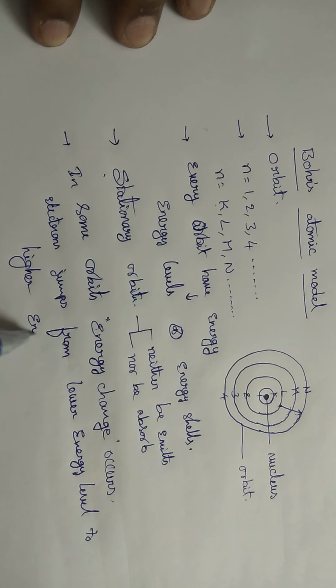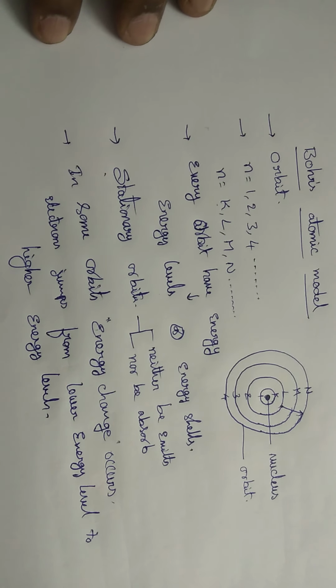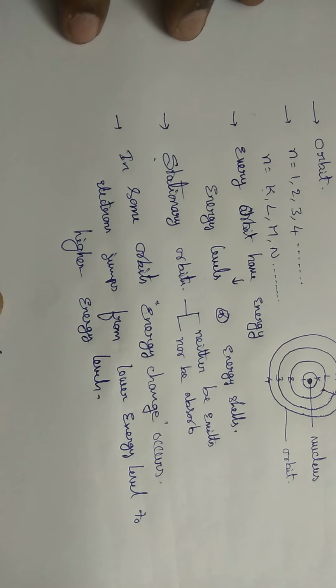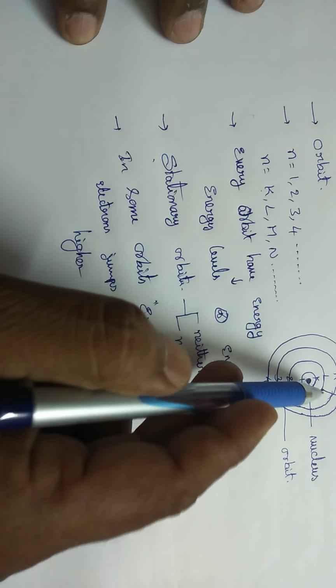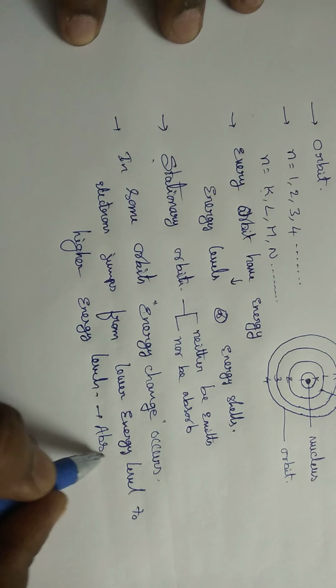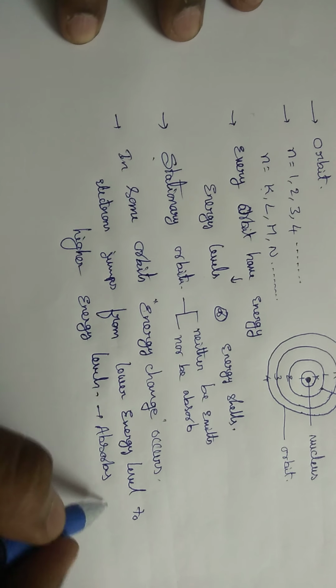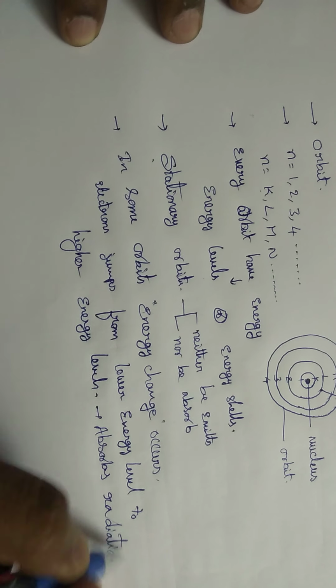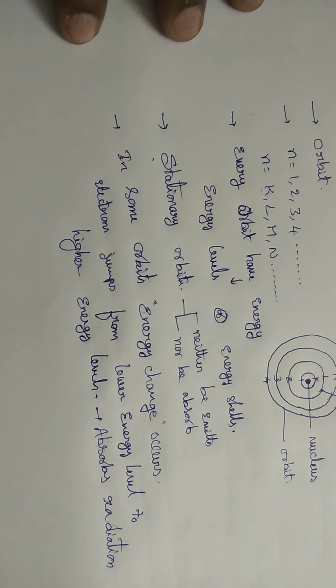An electron jumping from lower energy to higher energy can absorb radiation or energy.